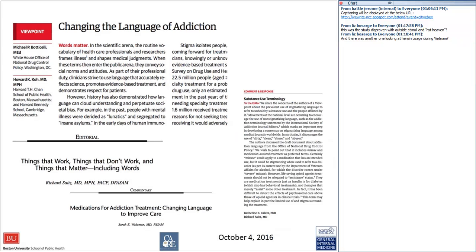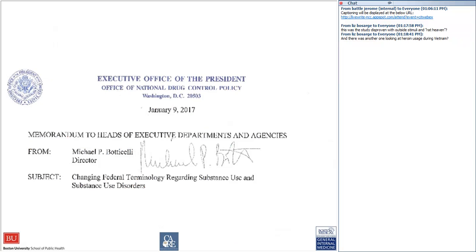And neither do many leaders now who have written widely about changing the language of addiction. If you haven't seen it, you should look for Michael Botticelli and Howard Koh's piece in the Journal of the American Medical Association from last fall. I'll let you read that on your own, but there's a lot of consensus that's developing. Much progress is being made. And you can look at the letter on this memo from the Executive Office of the President.